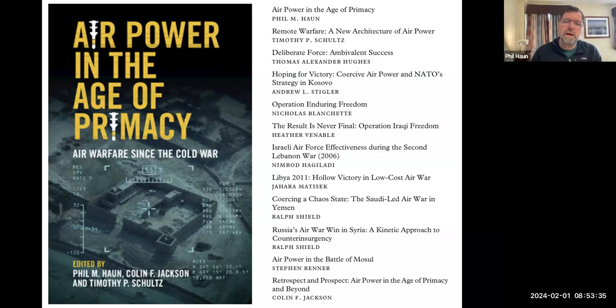So if you want chapter-length assessments of other U.S. air campaigns, you can look at that. I also have an appendix that summarizes each of the campaigns that are not included in this book.